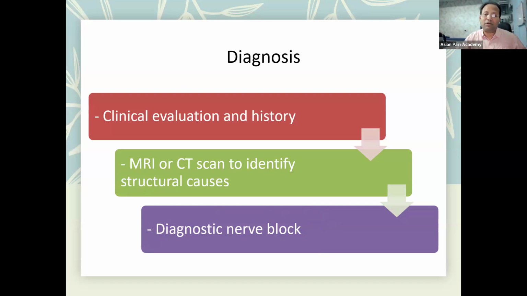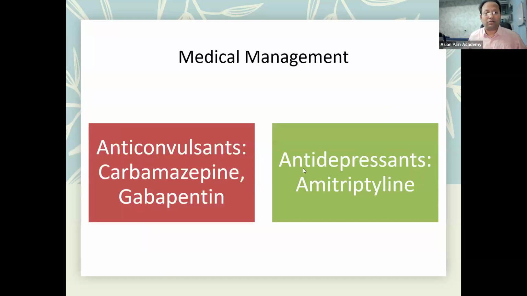Even with the diagnostic nerve block, patient gets very good relief. Okay, so though it is too much rare, but still in our practice, me or Dr. Datto, everyone has got many glossopharyngeal neuralgia cases. It's not that uncommon. So diagnostic nerve block is also for diagnosis.